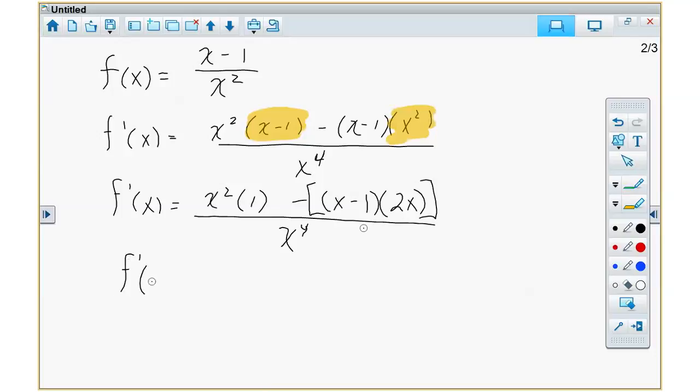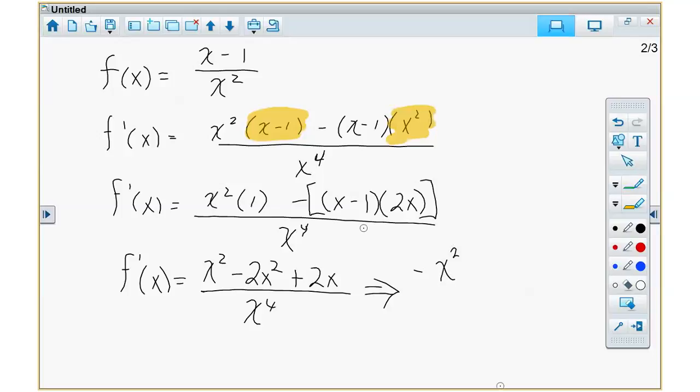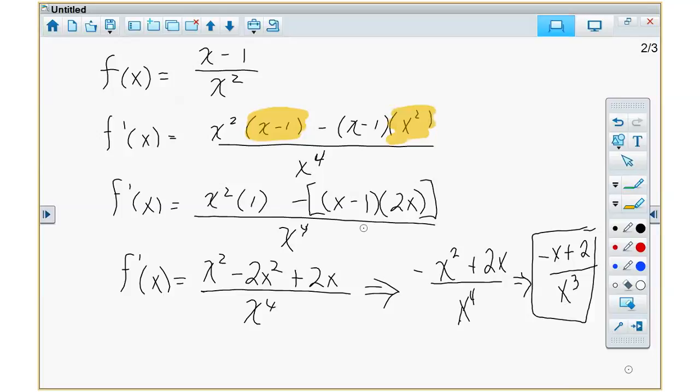F prime of x is equal to x squared minus 2x squared, plus 2x, and that will yield x squared minus 2x squared is negative what? Negative x squared plus 2x over x to the fourth, which will give us negative x plus 2 over x to the third. Capiche?